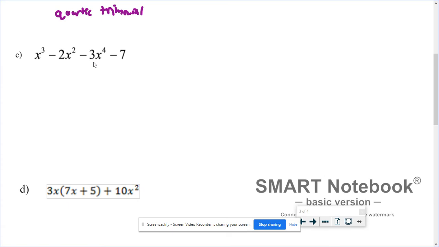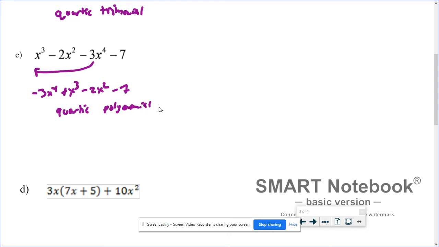Here, no like terms, but we do need to move that one out front. So you got negative 3x to the fourth plus x cubed minus 2x squared minus 7. So that is a quartic polynomial with 4 terms.